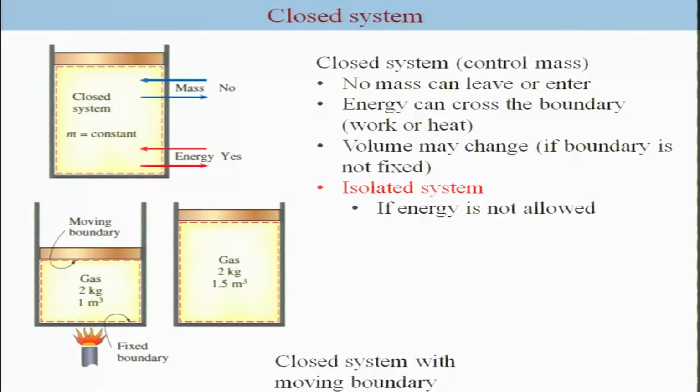This is an example of a moving boundary cylinder-piston system, where the piston will move if there is a heat supply to the system, and thus the volume can change. So, volume may change, but no mass can enter or leave; that is the closed system. If you do not allow the energy to get in or out either, it becomes an isolated system.